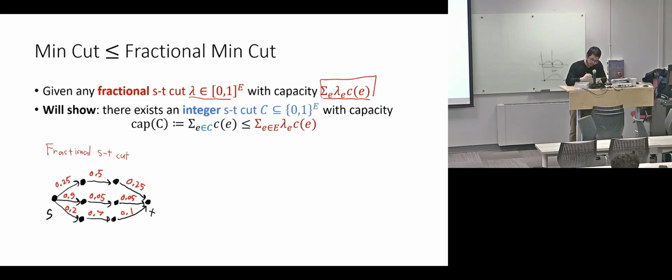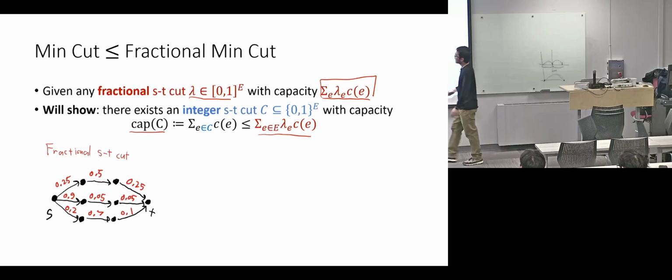It suffices now to show that there exists an integral ST cut, which is a set of edges, such that the capacity of this cut is at most the value of the fractional one. If I can show this, you agree that we are done, right? Okay. So let's try to look at the fractional cut and interpret it a bit.